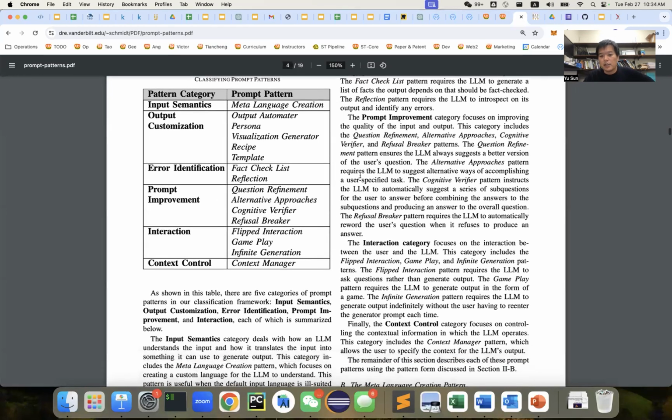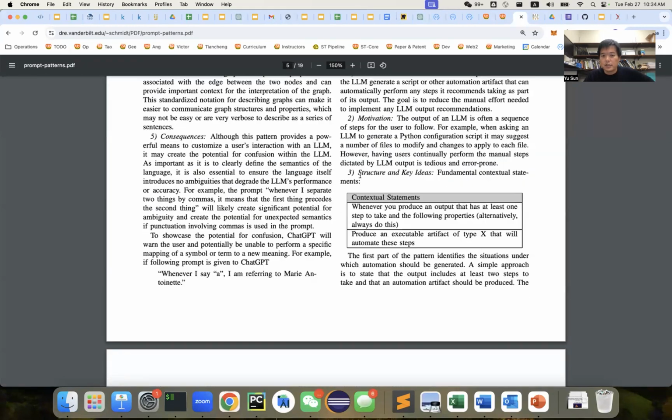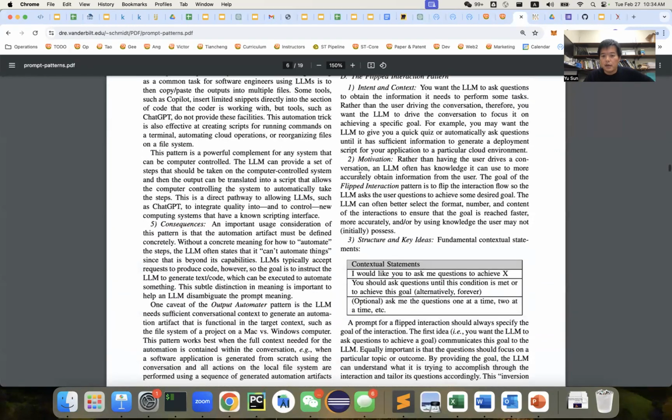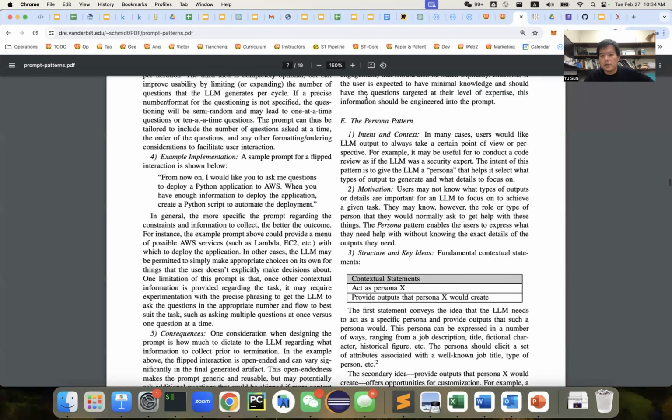Okay, so now in the paper, they describe all the patterns and how they work. Let's start with something a little bit simple, the persona pattern. This is very easy to understand. When you look at a persona pattern, you want to understand the intent, the motivation, and the context of using it. Users would like the large language model to always take a certain point of view or perspective.